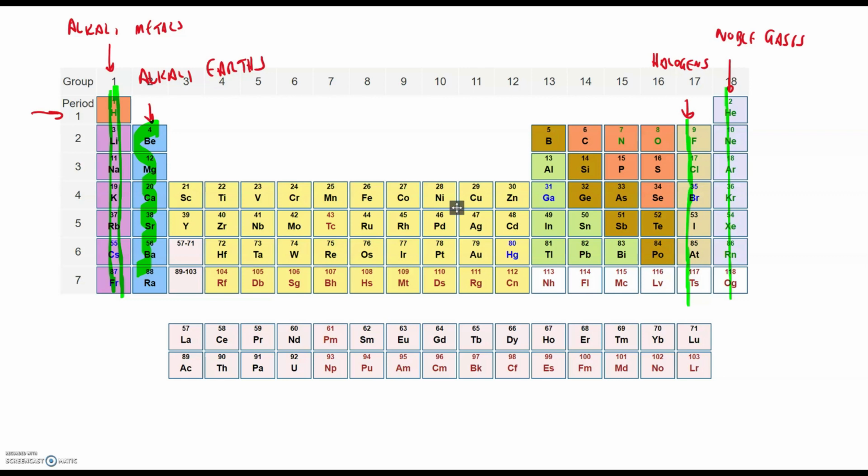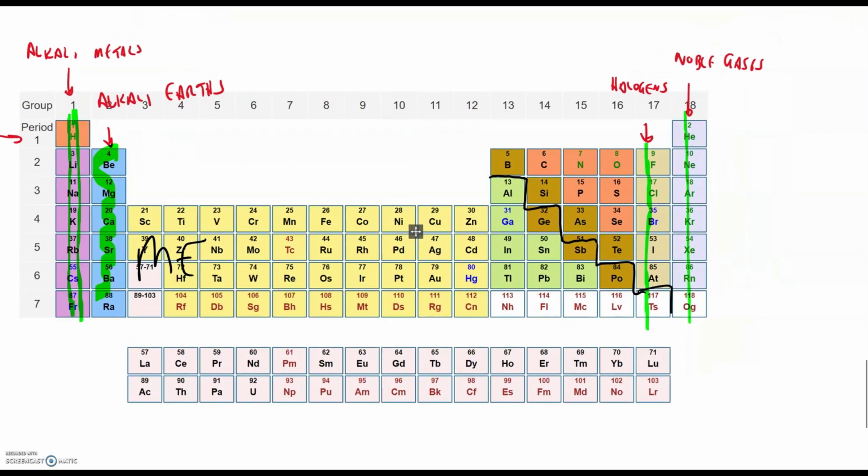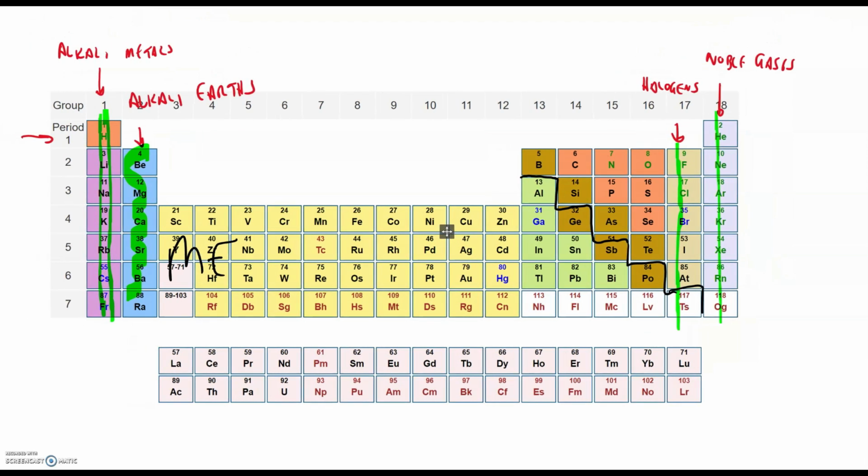A couple other things we want to pay attention to is that we're going to divide the periodic table up into two sections. They're not exactly halves. And we'll describe everything that exists on the left side as metals. They tend to have similar properties. They tend to be shiny.